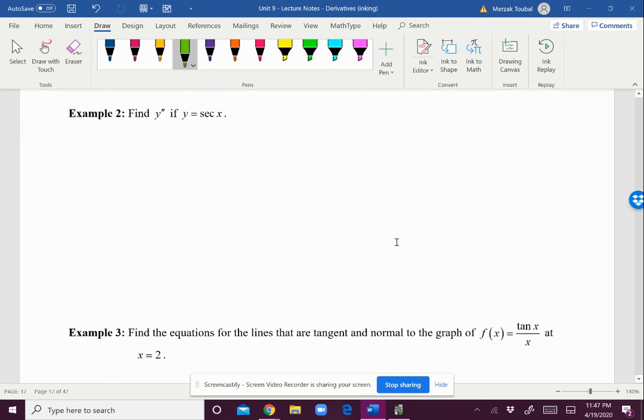Okay, let's work on example 2. Find y double prime. Y double prime means we find the first derivative and then the second derivative. So let's start with y prime. Y prime would be the derivative of secant. What is the derivative of secant?